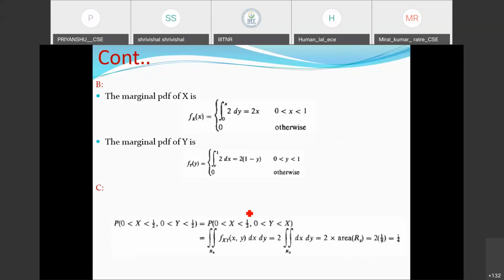Okay. So why should we consider these values?